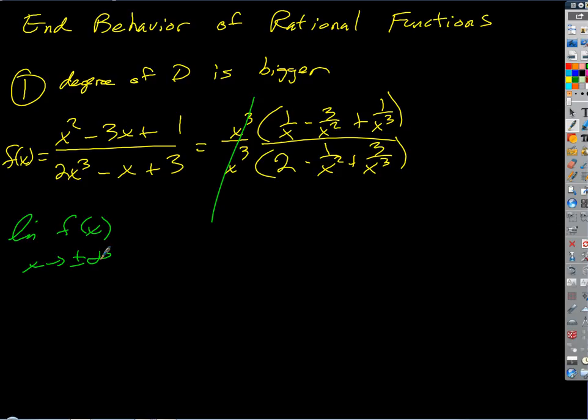But what's going to happen to every term where I have some power of x on the bottom but not on the top? As x gets really big, what's that do to the fraction? If the bottom is getting huge but the top is not, then the value of the function is approaching zero. Sure. So all of these approach zero, right?